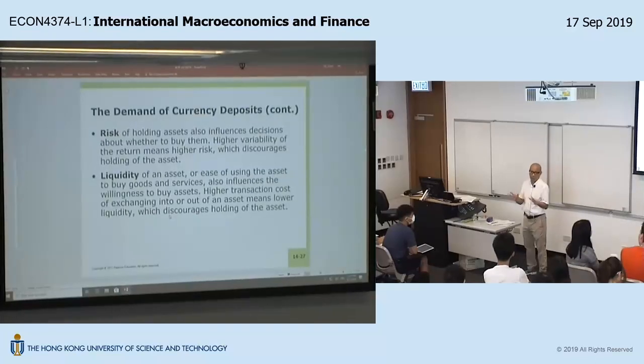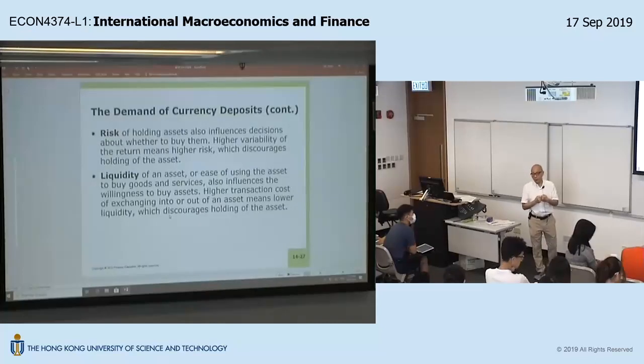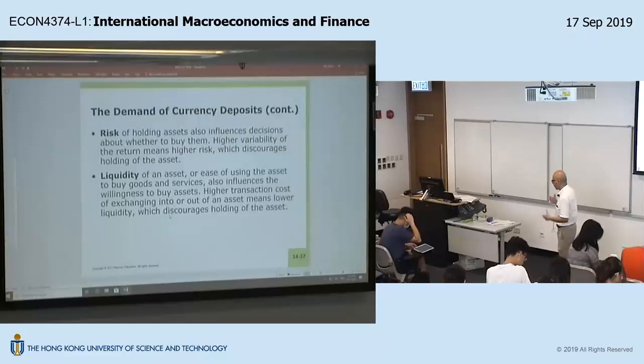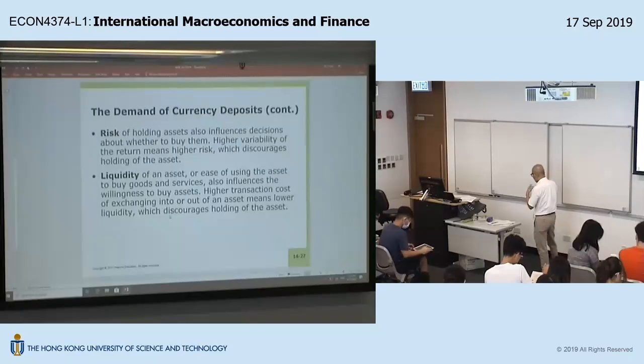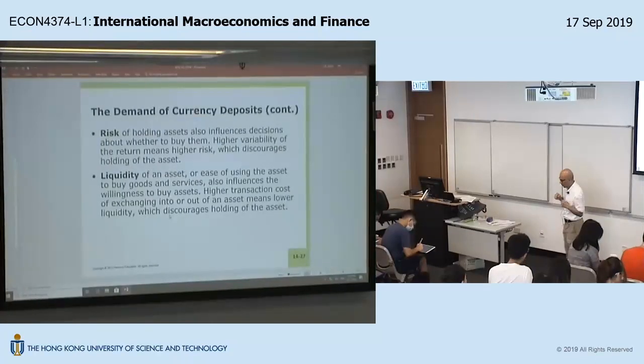So this is the idea here. We're going to derive a condition, and this condition is called uncovered interest parity. This uncovered interest parity condition is basically a no arbitrage condition. Investors are indifferent between holding different currency deposits in equilibrium.